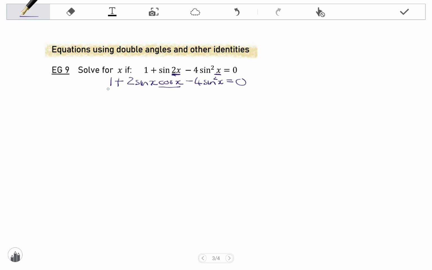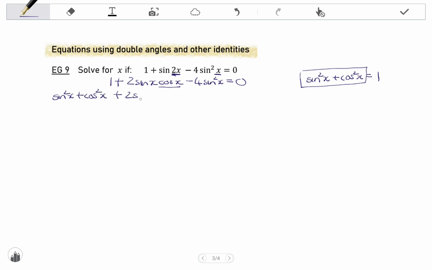So look carefully, and we see that we have a 1. Now remember your square identity says that sin²x + cos²x = 1. So in place of 1, we can substitute sin²x + cos²x. Let's see what that gives us.